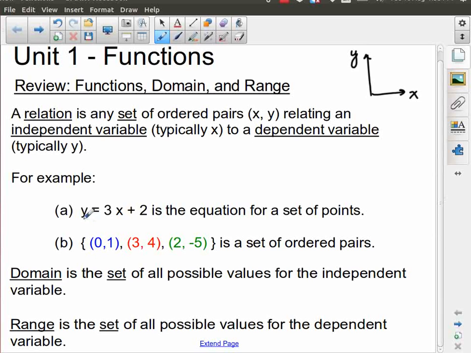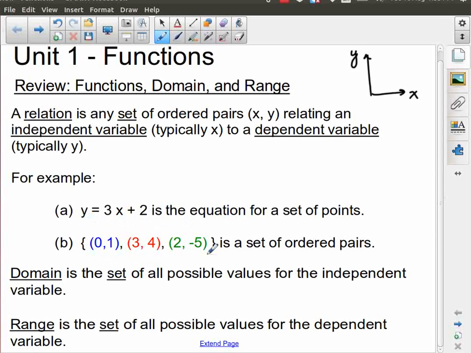In this case, there's no real reason to think that one of these is the independent and the other the dependent, other than the convention, which would make us think that x is the independent variable and y is the dependent. We've written this equation in the form y equals some combination of x and some other constants, and that implies that y depends on the value of x. So that's an example of a relation.